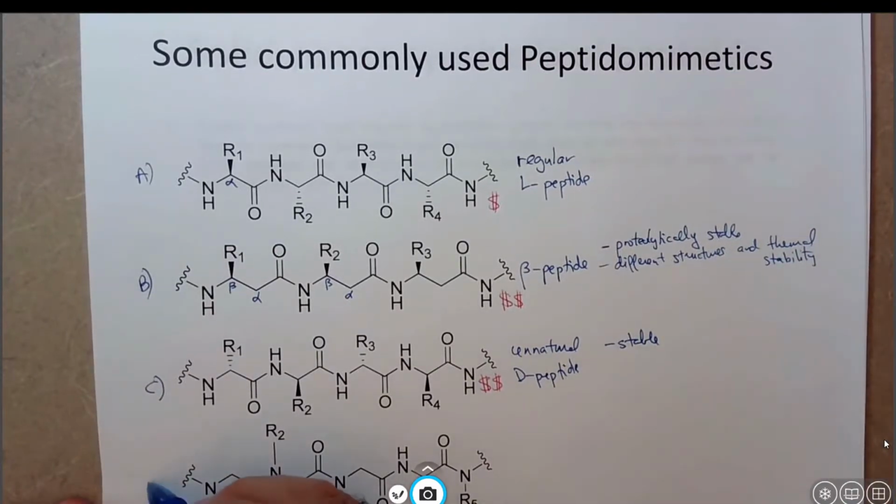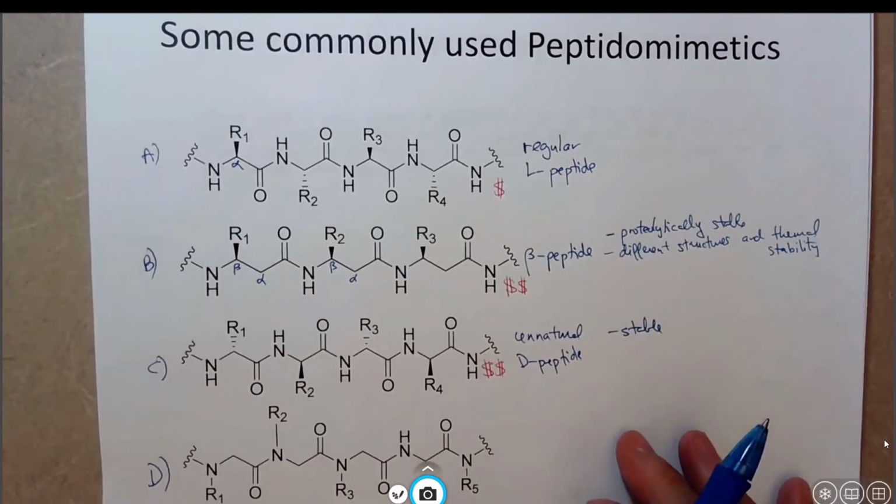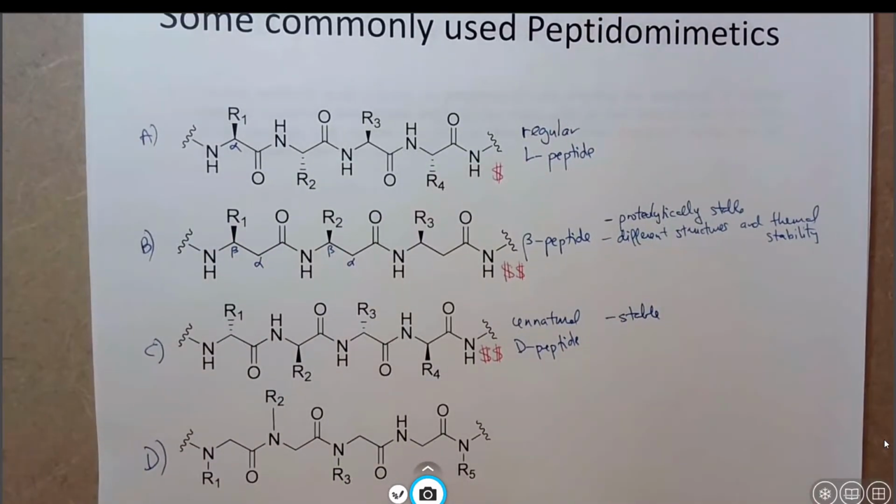The last class of peptidomimetics down here is quite different. It's probably the most different from the other two. And what you can see here is that you have this carbon with nothing on it except two hydrogens. And you have your R groups, which instead of being placed on the carbon, are actually attached to the nitrogen.